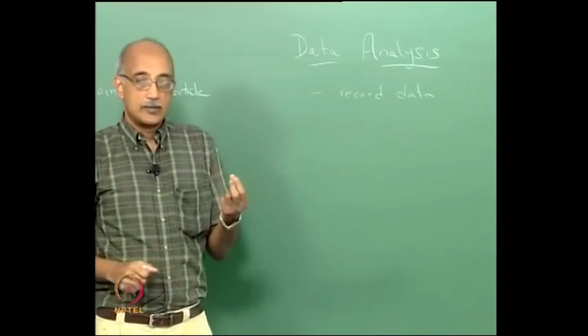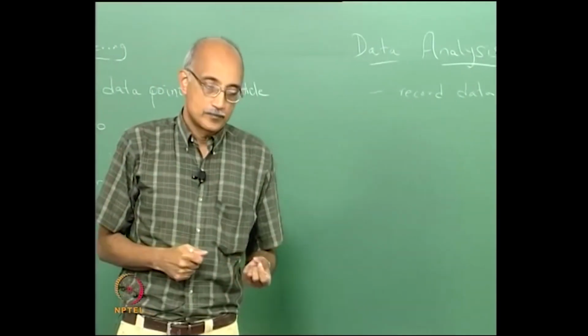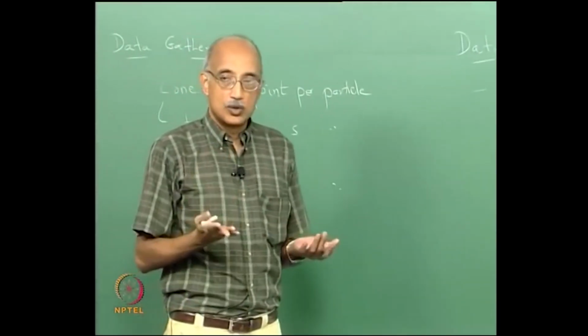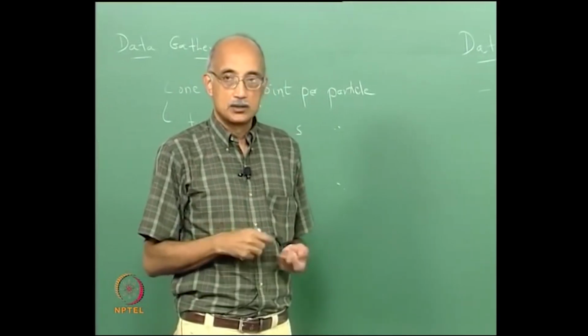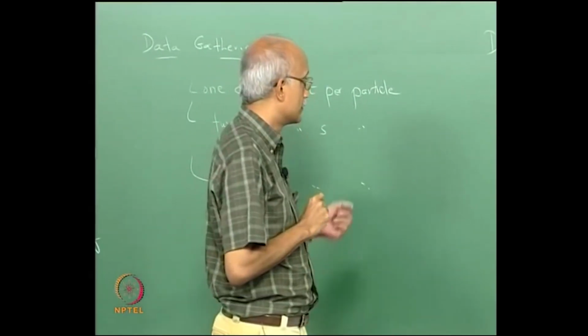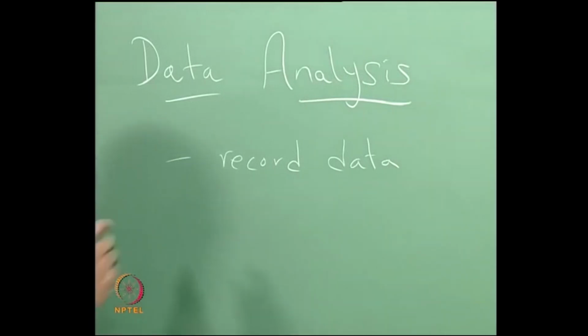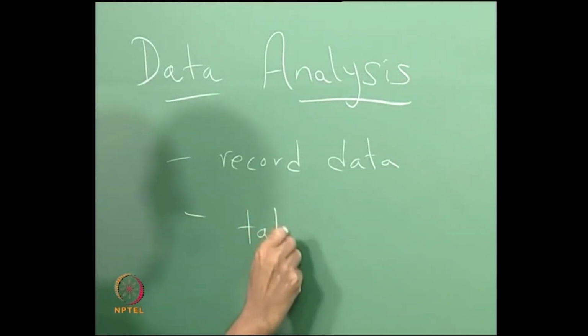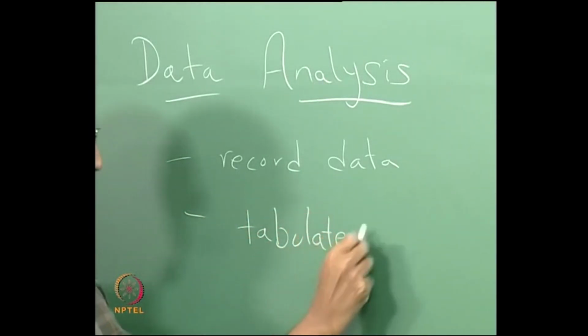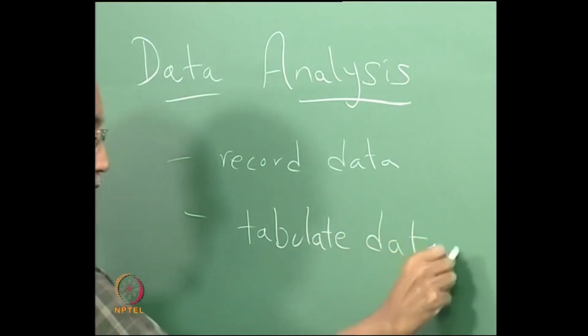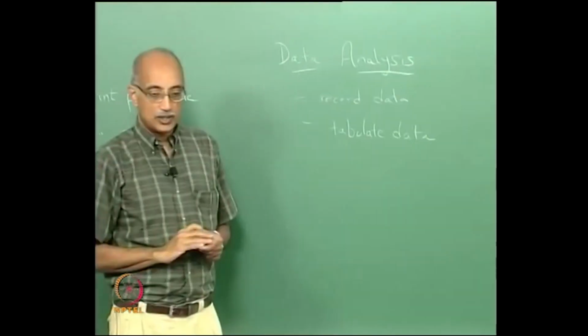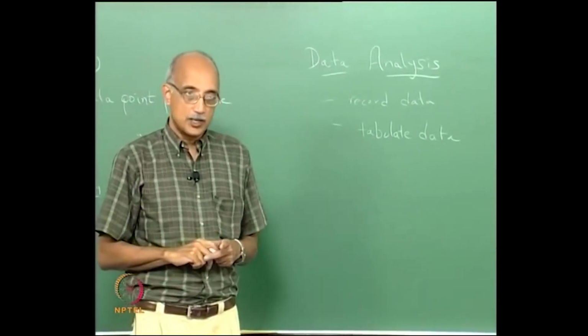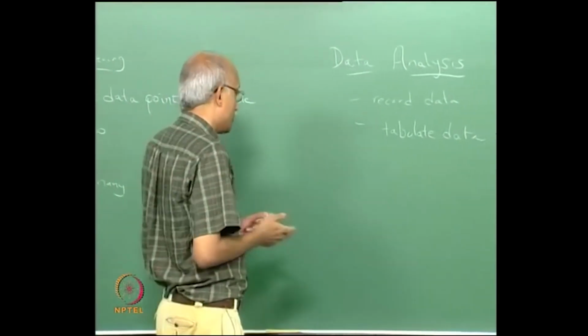If you only take 1 dimension on the particle, all you have to do is have a logbook or an Excel worksheet and simply record the data. Or you can tabulate the data. Now, when we talk about tabulating data on the shape of a particle, what do we mean by that?